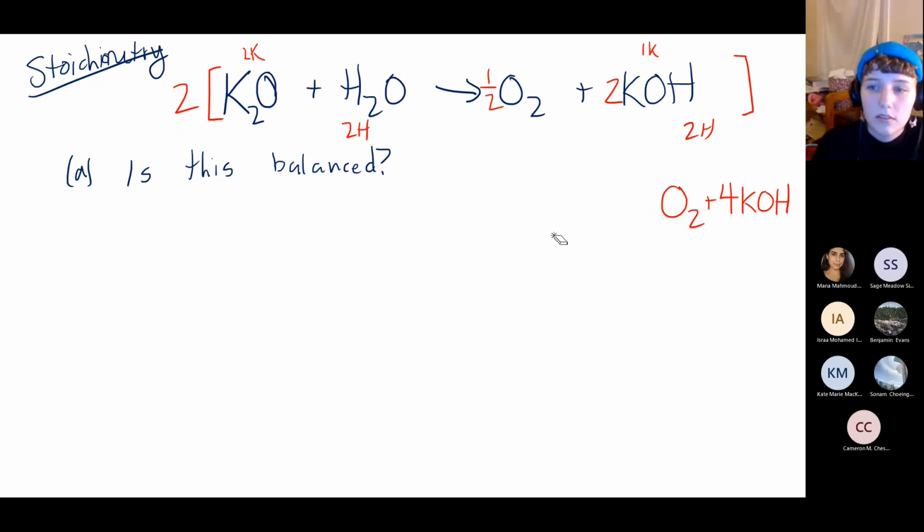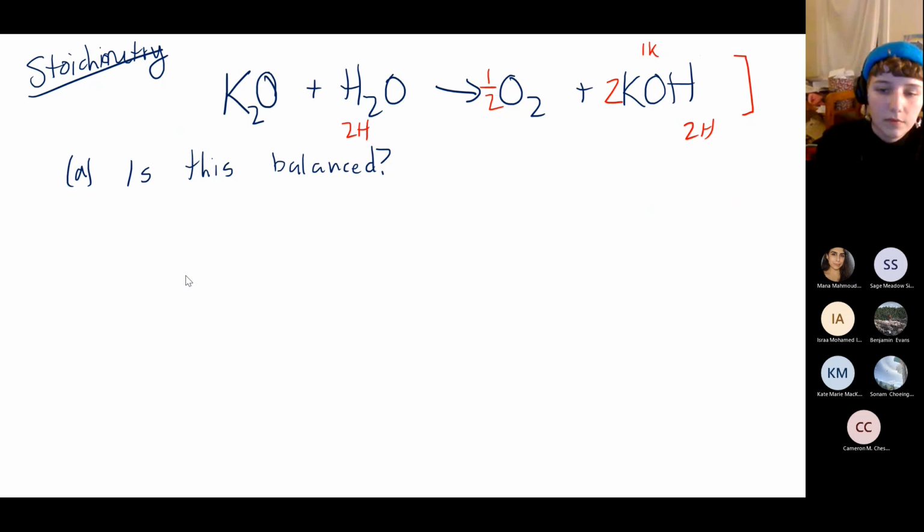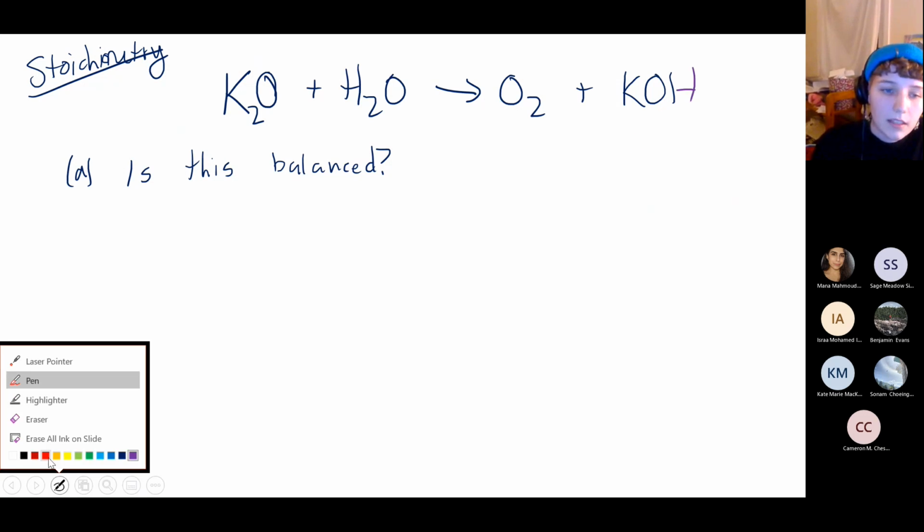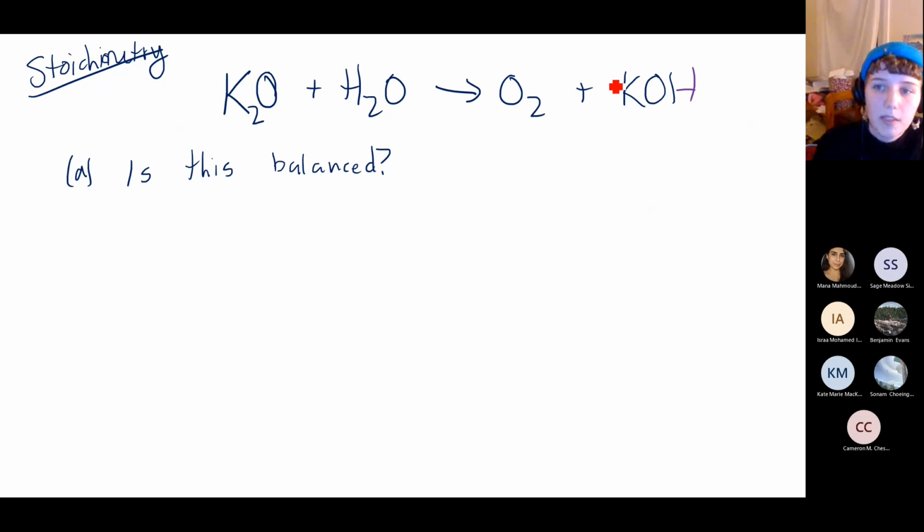Hold on. Let me restart. Okay, wait, so we have 2 here. I multiply this by 2. So now I have 4 oxygen on this side and only 2 on this side.